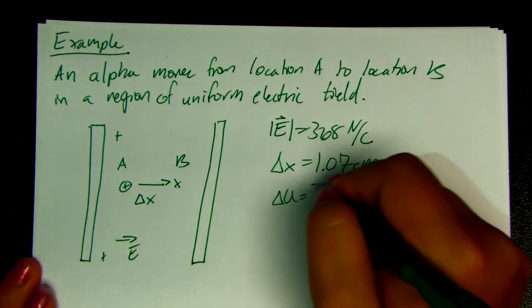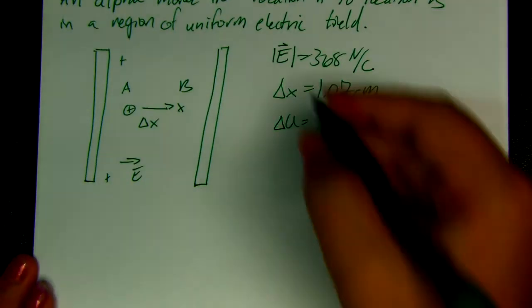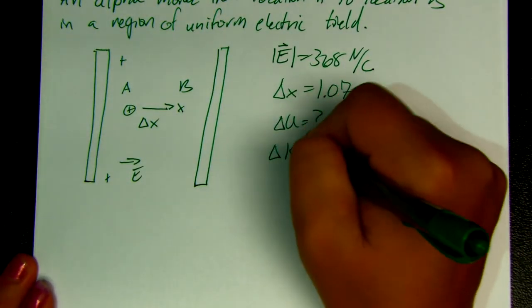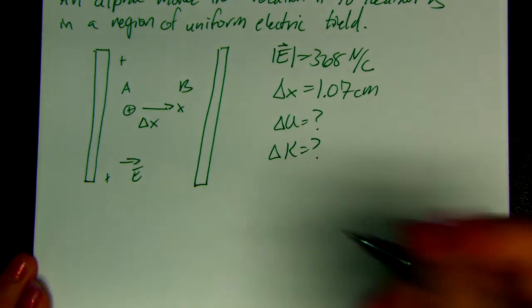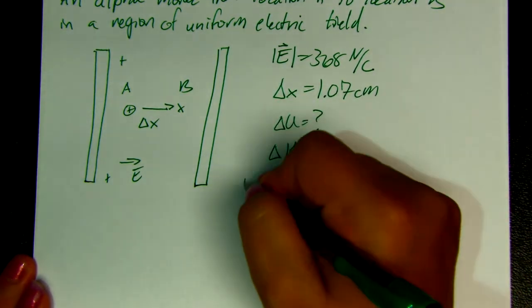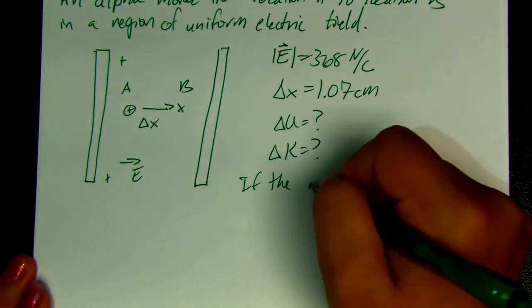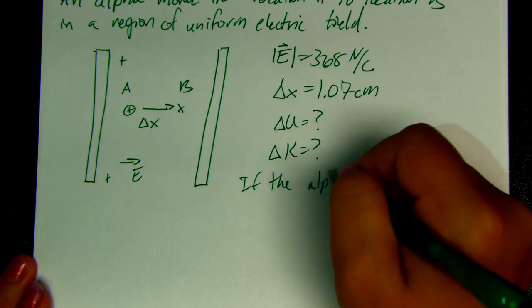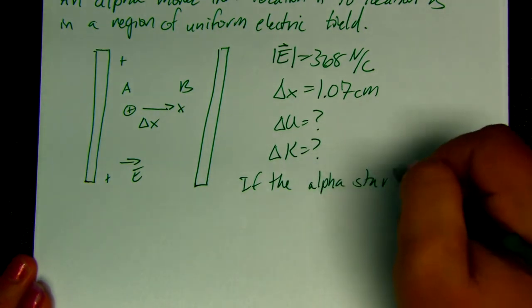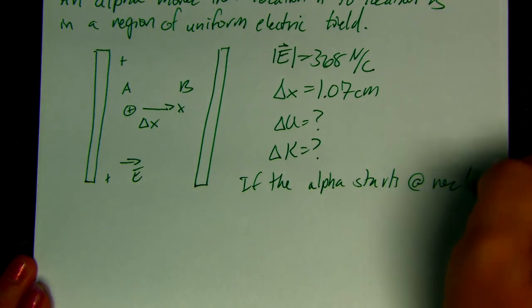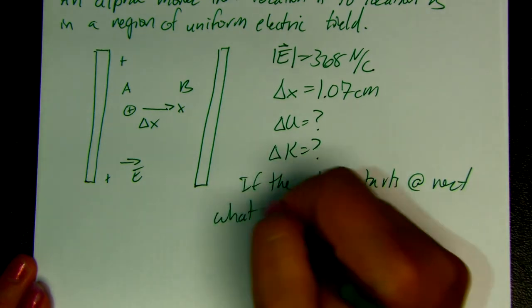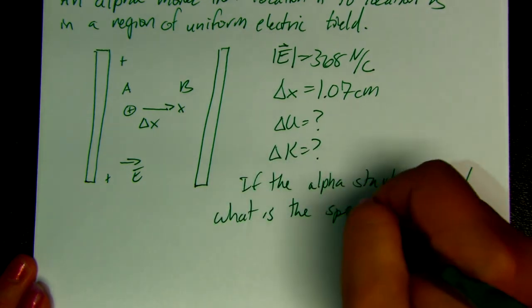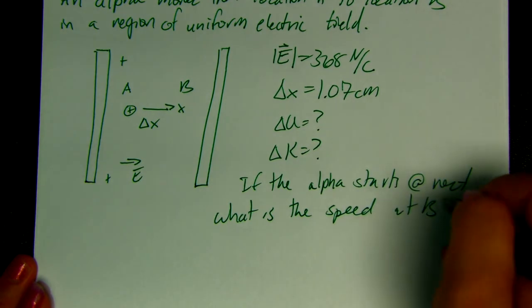We want delta U and delta K. And then if we get delta K, what might be fun is if the alpha starts at rest, what is the speed at B?